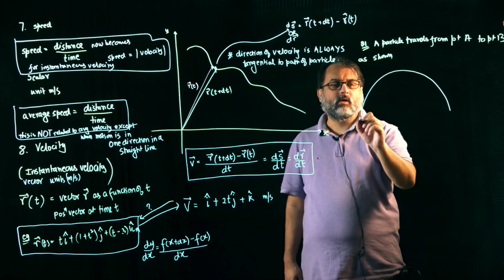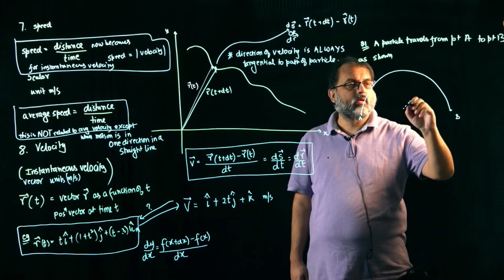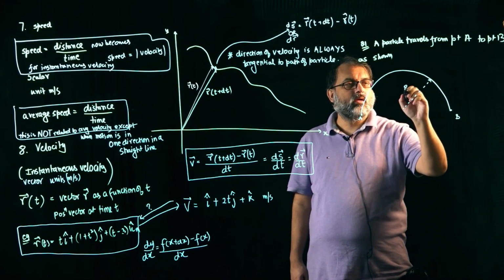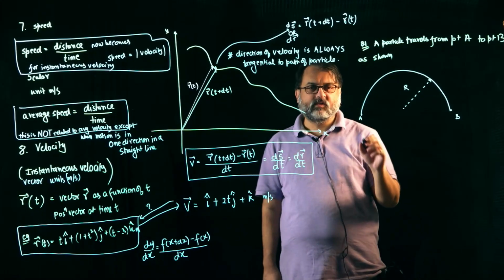So this is point A, point B, semicircle.